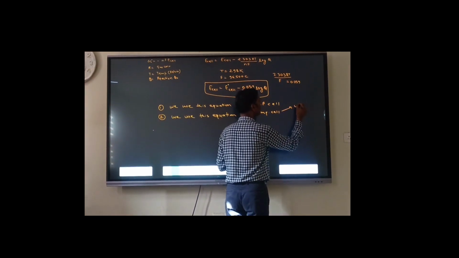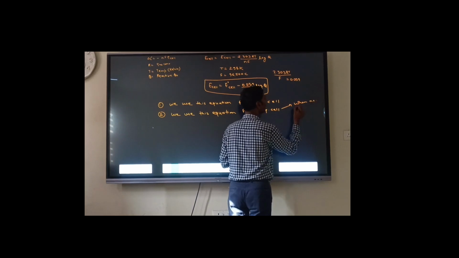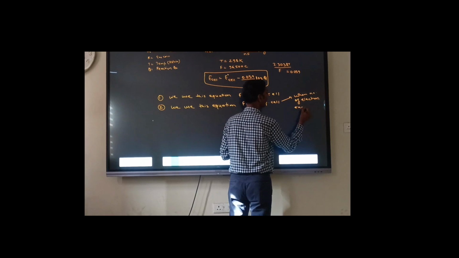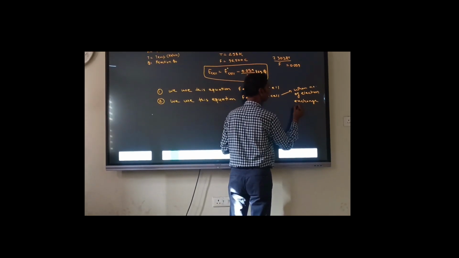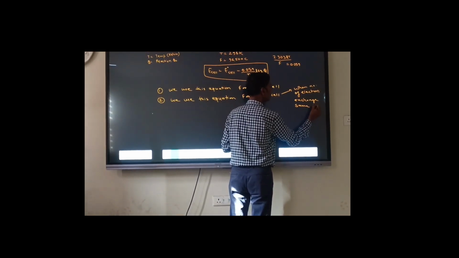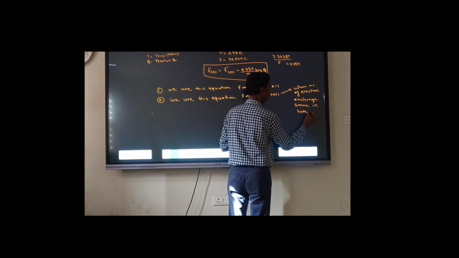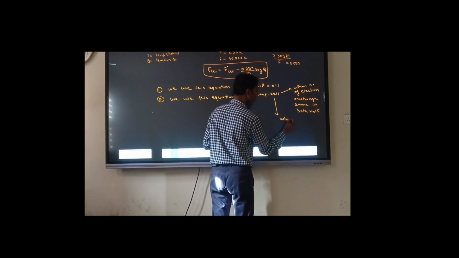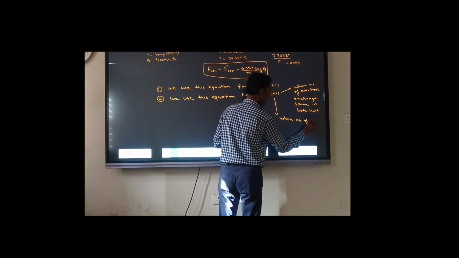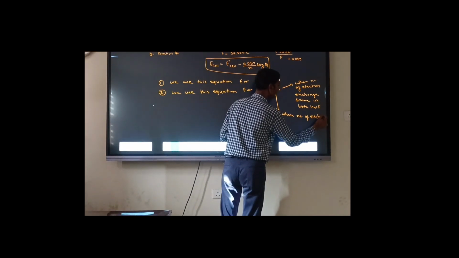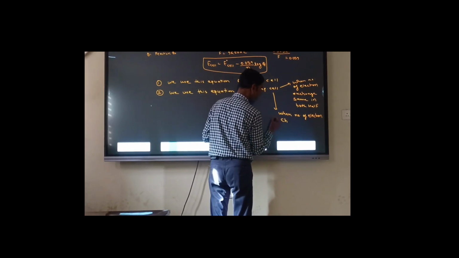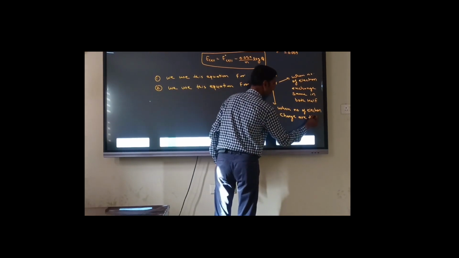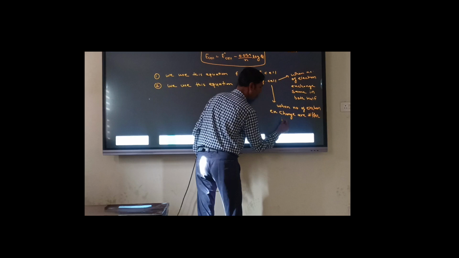One is that when the number of electrons exchanged is the same in both halves, and another one when the number of electrons exchanged is different in both.